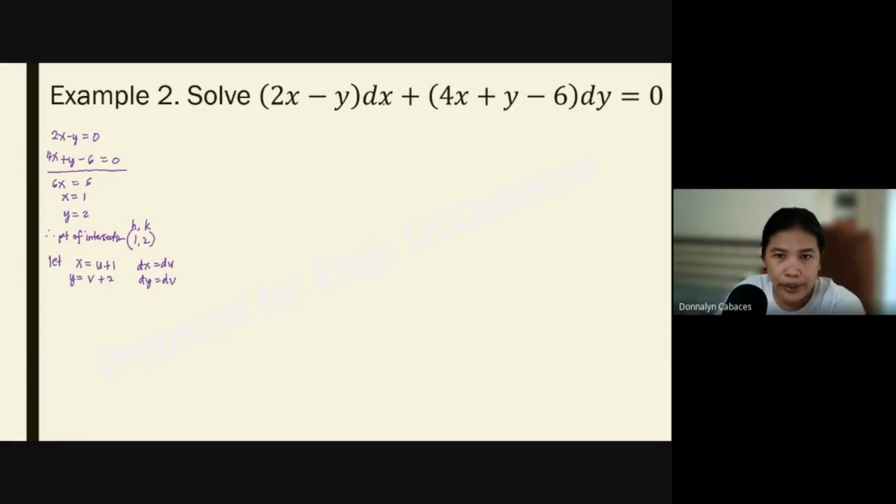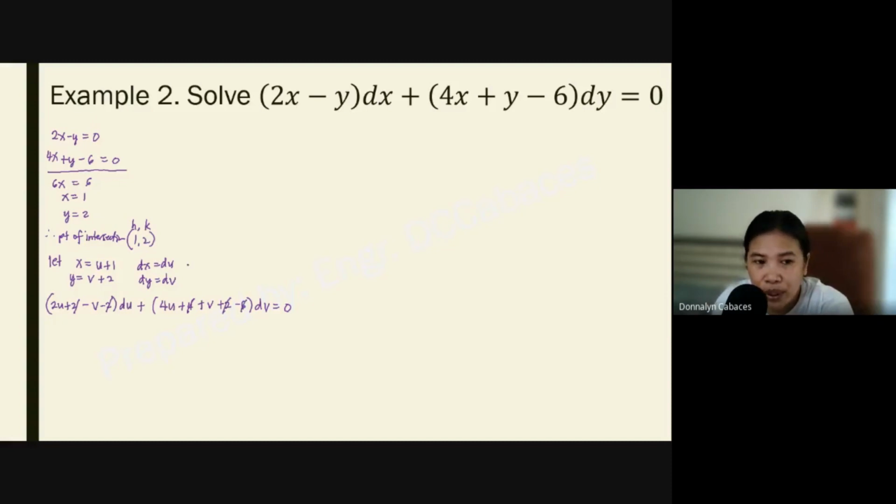Then we substitute or replace in the given differential equation. So we now have our x as u plus 1, so 2u plus 2. Our y is v plus 2. Our dx is du plus 4u plus 4 plus y, v plus 2 minus 6, dy is dv equals 0. So you have 2 minus 2, then 4 plus 2 minus 6.